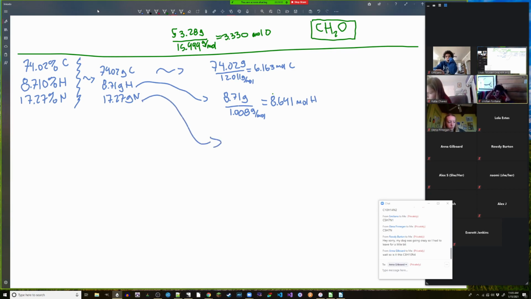And then for nitrogen, 17.27 grams of nitrogen. Its molar mass, we have not seen it yet today, but we can look it up. 14.007 grams per mole is nitrogen's molar mass. So 1.233.